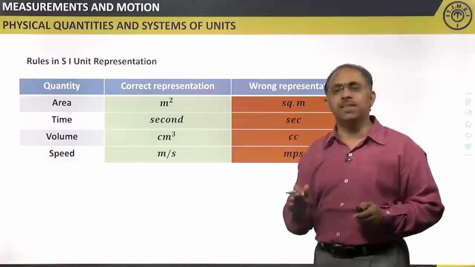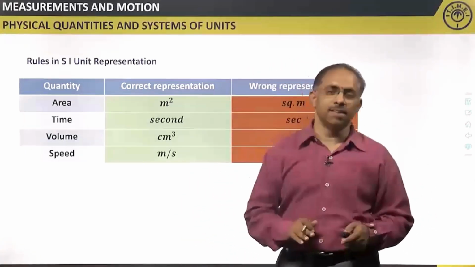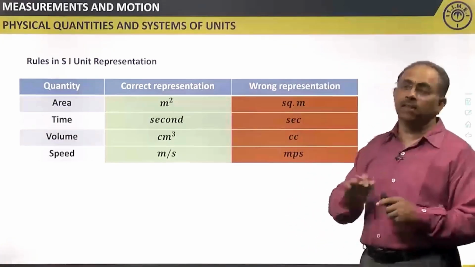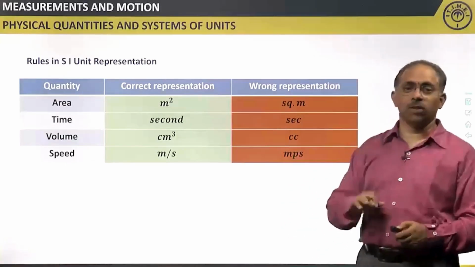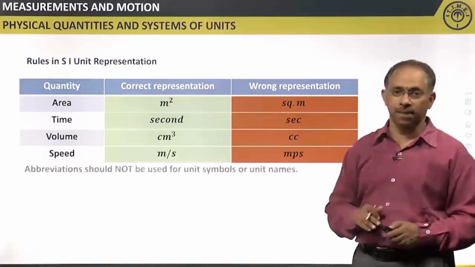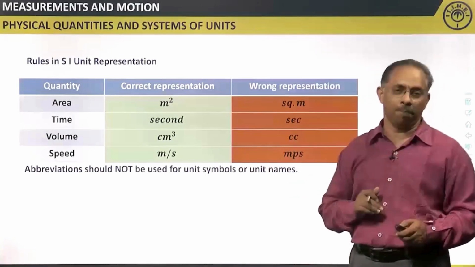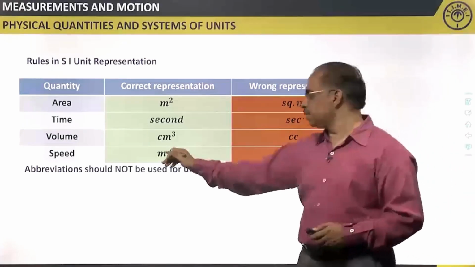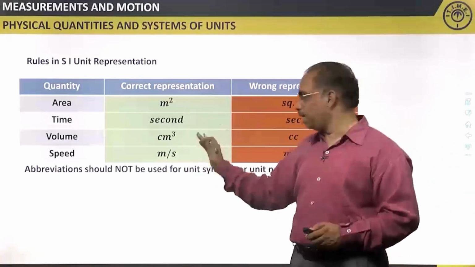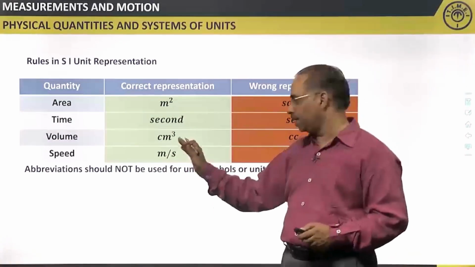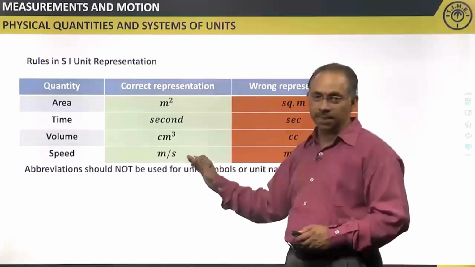You cannot use the type of abbreviations whatever you want. Whatever agreed symbols and notations are acceptable, those given by the SI system, only those are to be used. You cannot use abbreviations the way you like. You cannot write sec for second or mps for meter per second. m s power minus 1, with a space, that is fine, or m slash s is also fine.